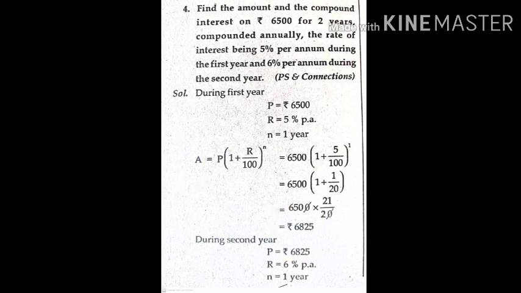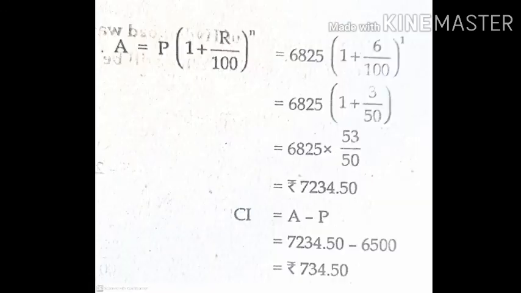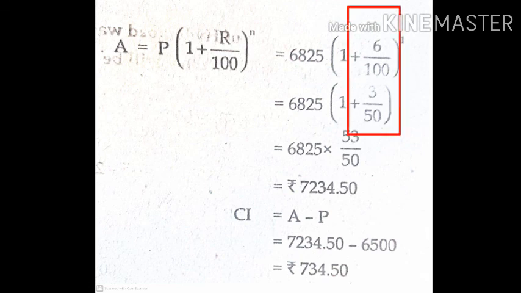Next, R is equal to 6%, N is equal to 1 year. Therefore, A is equal to P into 1 plus R by 100 whole power n. Here P means 6,825 into 1 plus R means 6 by 100 whole power n means 1. That is equal to 6,825 into 1 plus 3 by 50, 2 threes are 6, 2 fifties are 100.